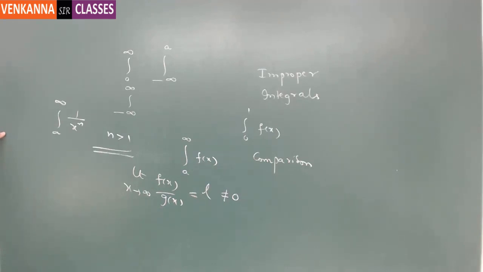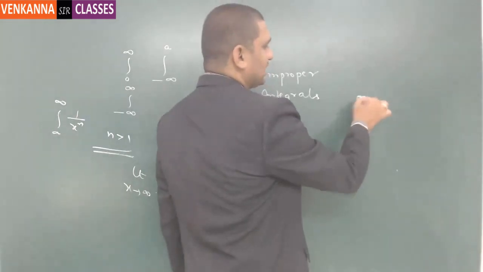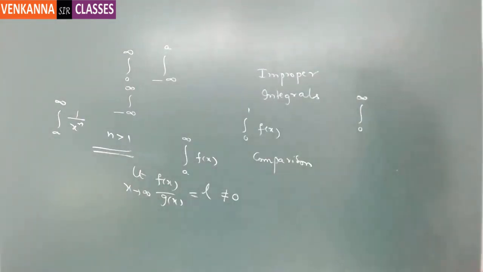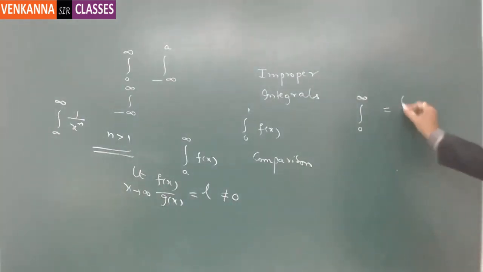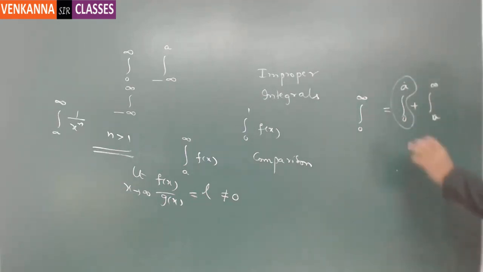Later we went to one small point: whenever integral 0 to infinity is given under this criteria, we write it as integral 0 to 1 plus integral 1 to infinity, or generally integral 0 to a plus a to infinity. The first property will generally be a proper integral.